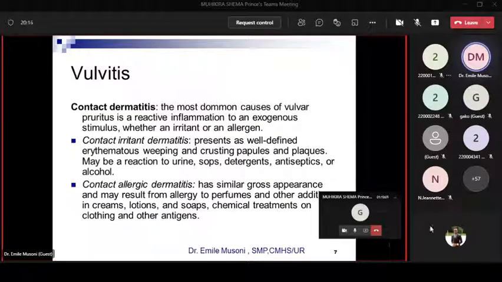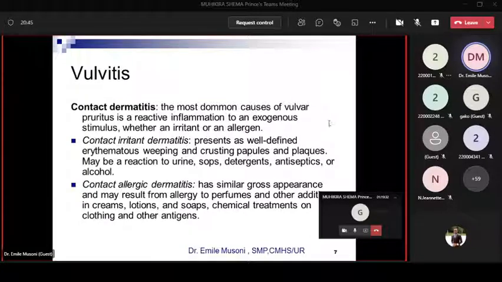The vulva has one part of the skin. This is why you see some diseases of the skin like dermatitis, inflammation of the skin. It can be contact or allergic. This one you will see in dermatopathology. Most of the time, contact dermatitis can be due to soap, antiseptic, alcohol, perfume, lotion, and others.